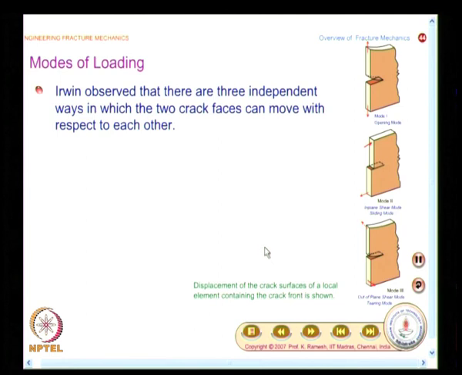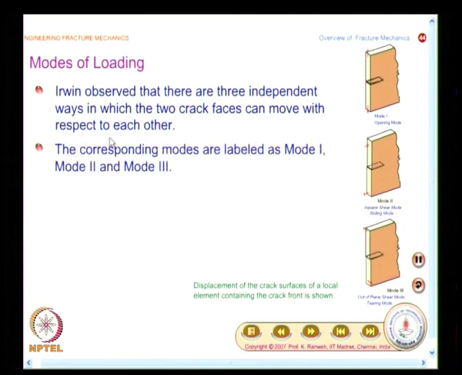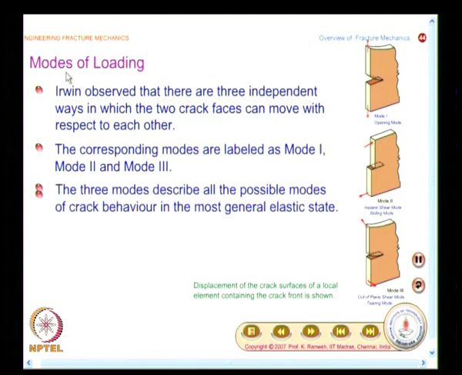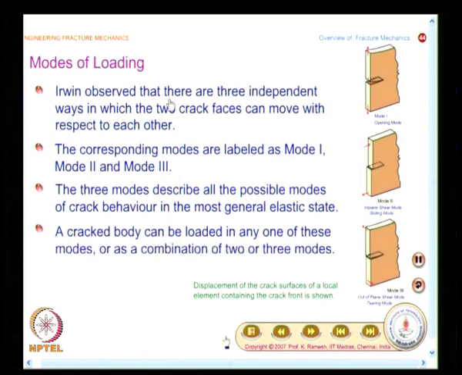Then we move on to the important aspect, that what are the modes of loading near the crack tip. This is again a contribution by Irwin, and he observed that there are 3 independent ways in which the 2 crack faces can move with respect to each other.